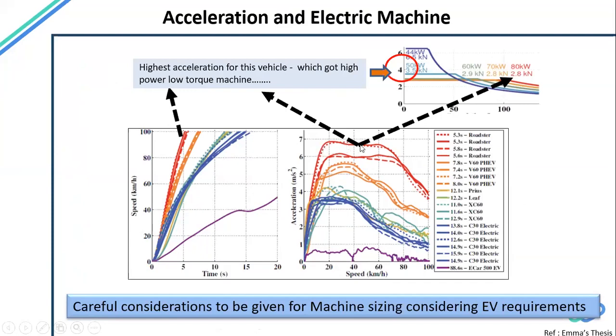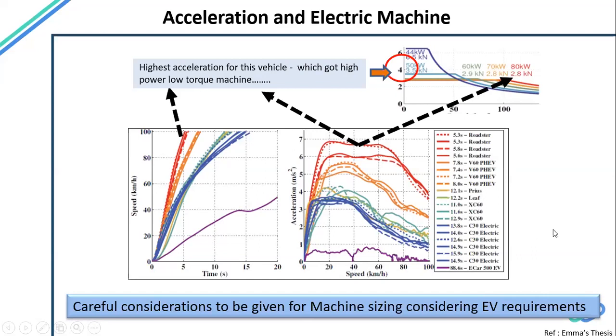You can see the top curve is the 80 kilowatt machine that we were discussing currently, and this 50 kilowatt or 44 kilowatt is much lower. So it may give very good instant torque, but it is not able to sustain it. So acceleration versus speed is something we should always be looking at.